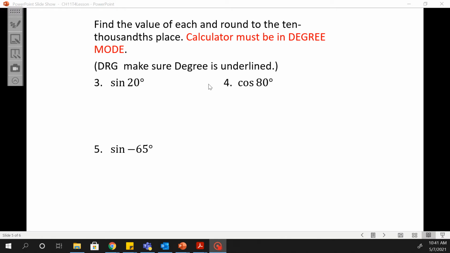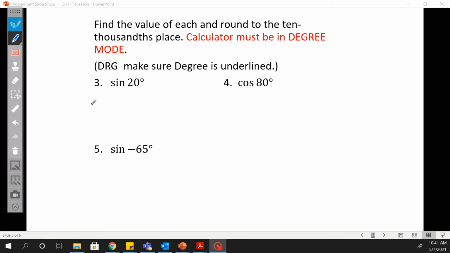Find the value of each and round to the nearest 10,000th place. Calculator must be in degree mode. We can use the functions in the calculator to find the exact ratio of the sides if we know the angle. This is for right triangles.